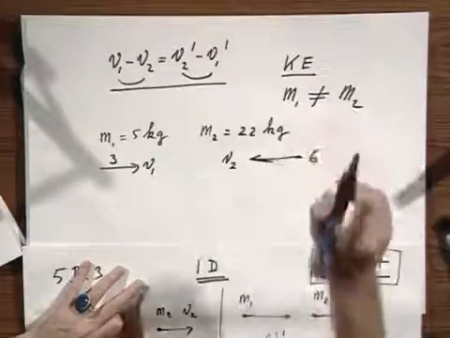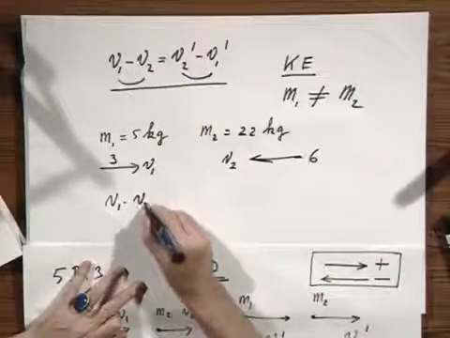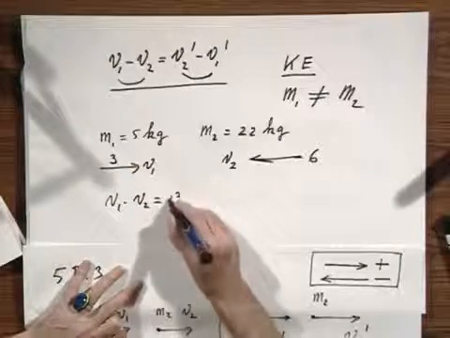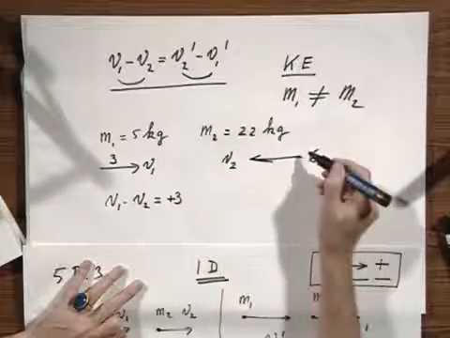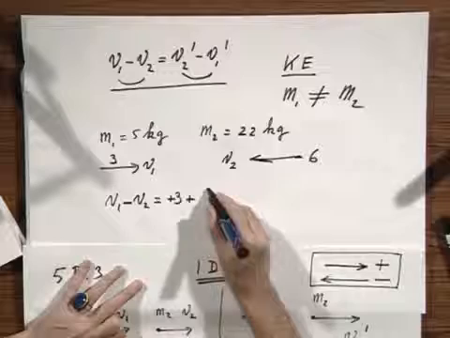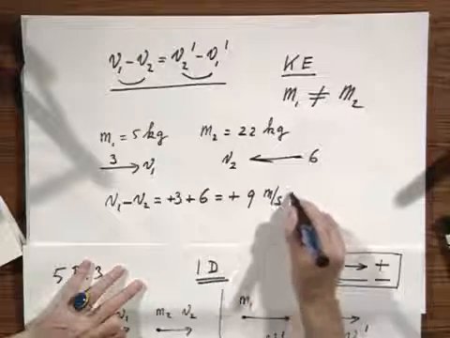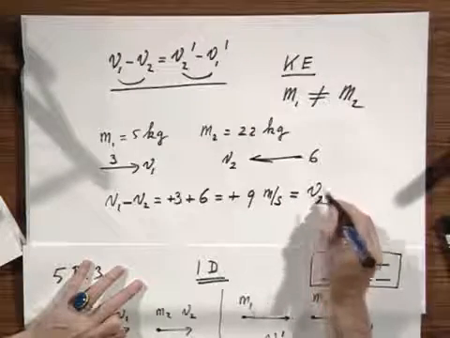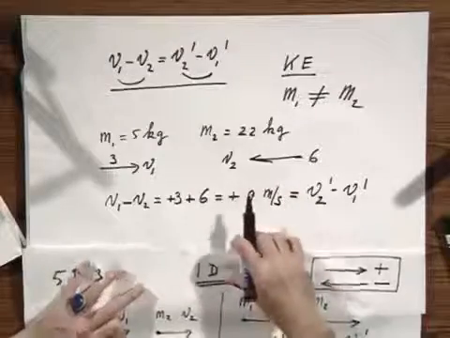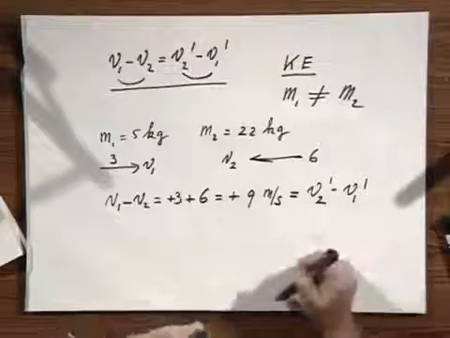Now be very careful, think of our sign convention. v1 minus v2, this is now positive, 3 plus 3. v2 itself is negative, minus 6, so minus minus 6 becomes plus 6. So this is plus 9 meters per second. And this now also has to be v2 prime minus v1 prime, observing the same sign convention. And this, of course, is quite remarkable when you come to think about it.